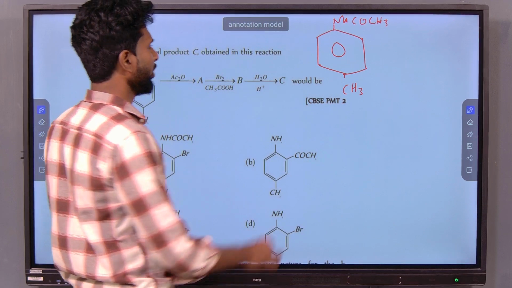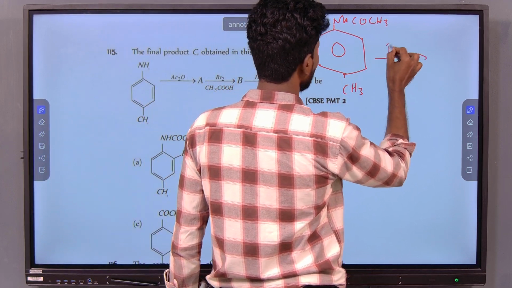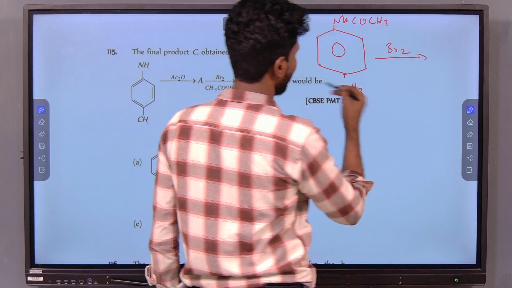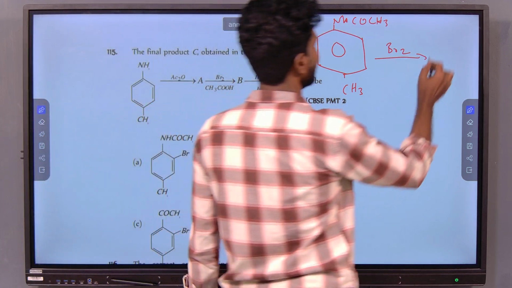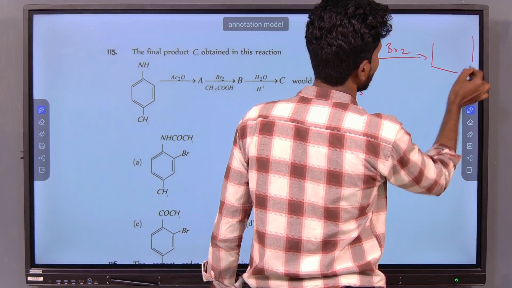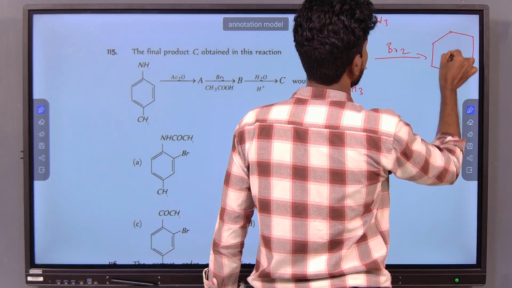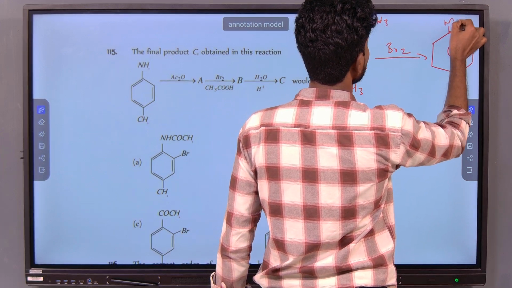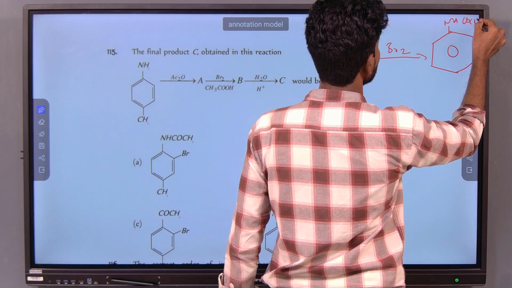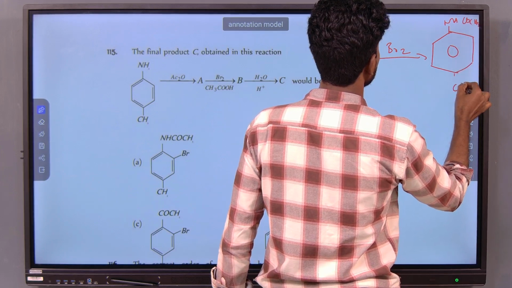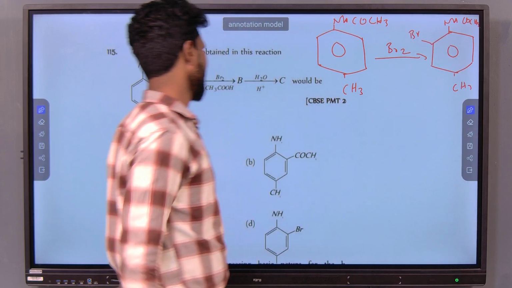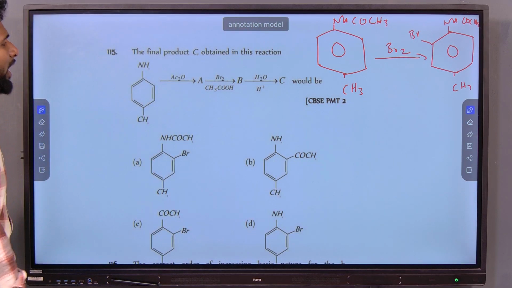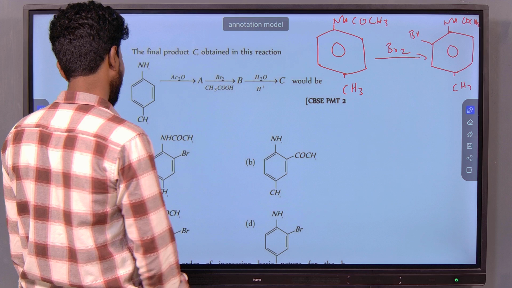Followed by bromine, it is ortho-para directing, but the para position is already occupied by a methyl group, so ortho substitution is possible. We get NHCOCH3 with CH3 and Br. Understand? Now hydrolysis.